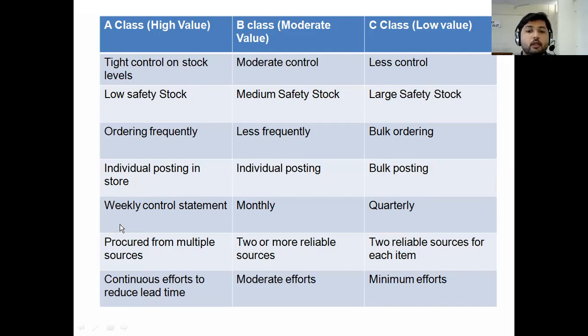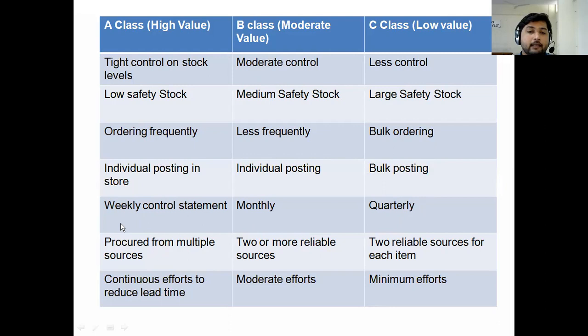For A class items, a weekly control statement is required. A weekly statement of those items will be taken and analyzed. For B class, the review is taken after every 1 month, and for C class items, the review is taken after a quarter. Quarter means after 3 months.